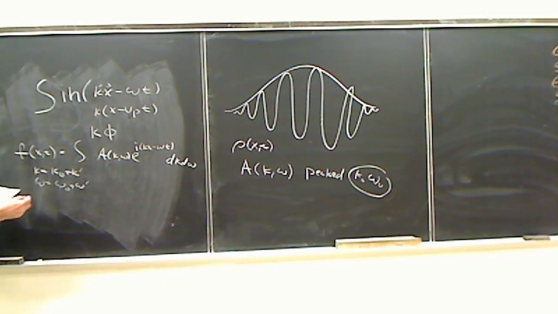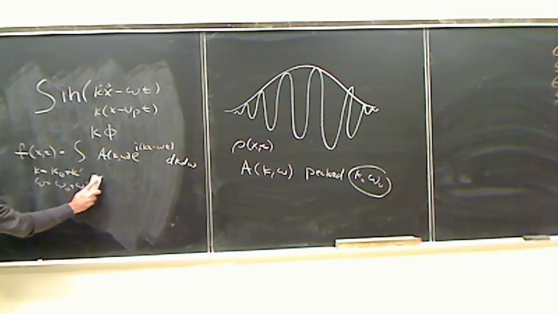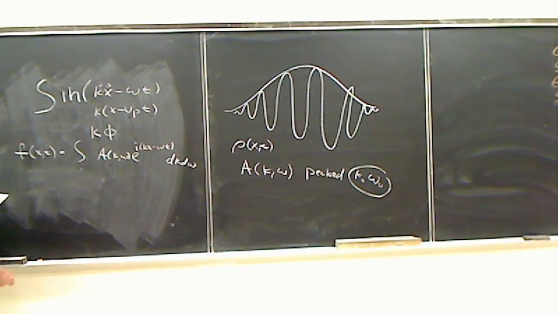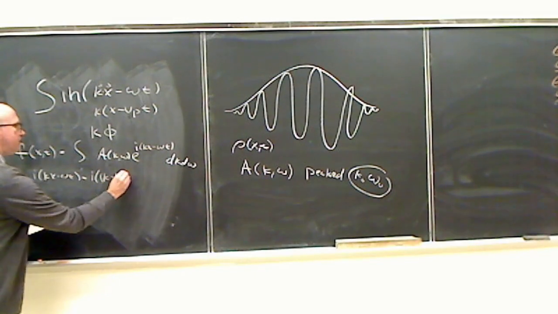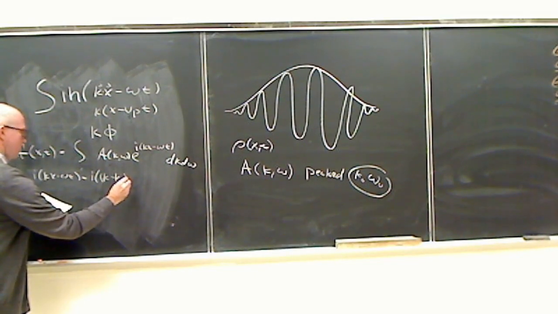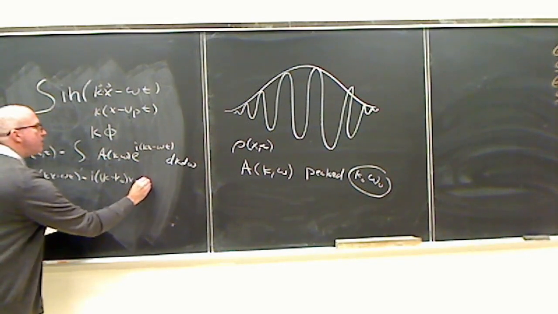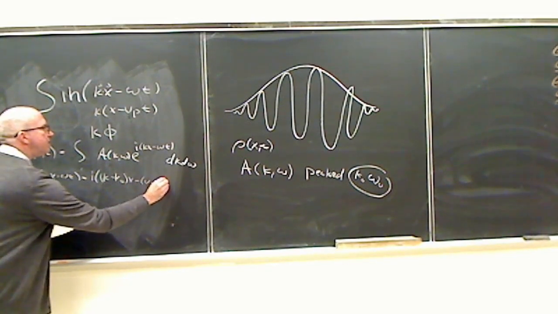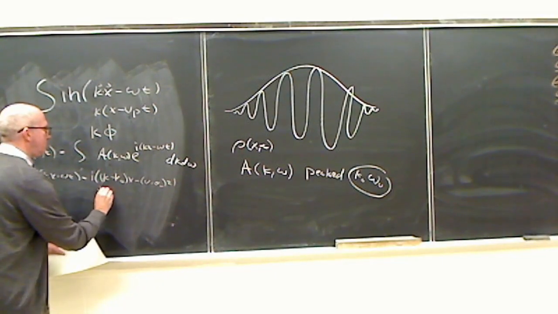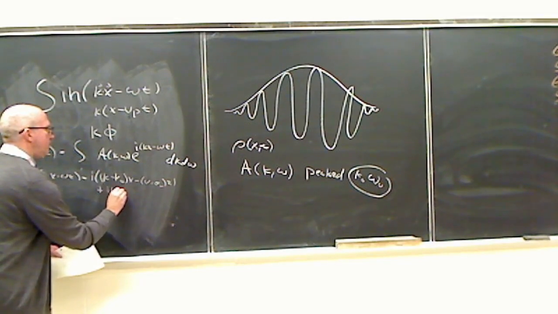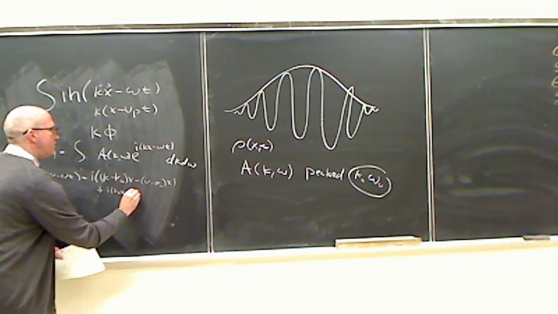So I'm going to write i(kx minus omega t) as equal to i(k minus k naught)(x minus omega naught t) plus i k naught (x minus omega naught t).